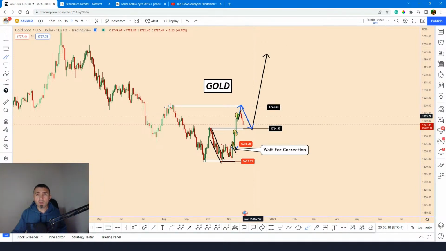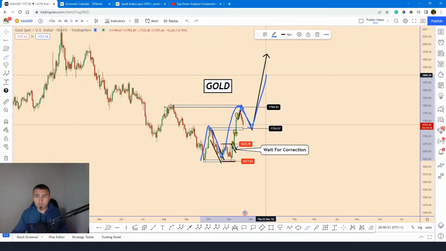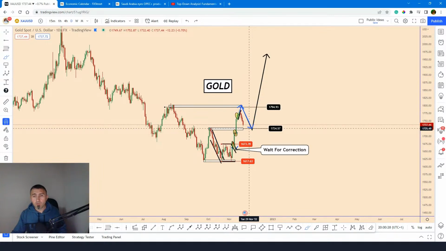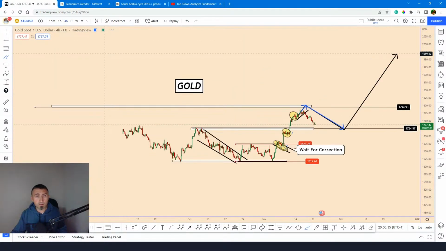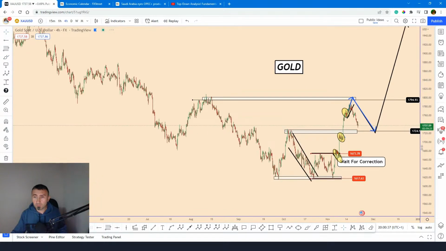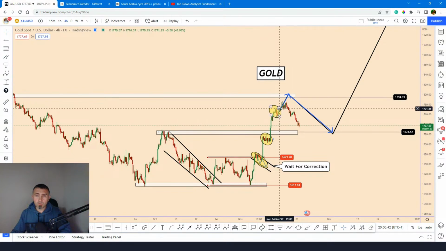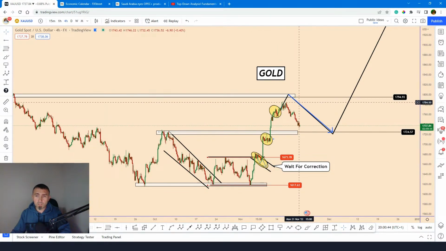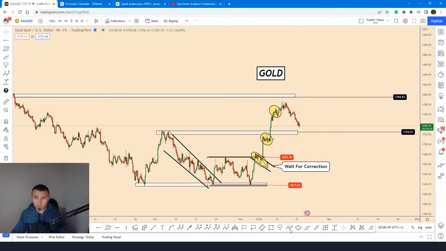So considering that we are in a bullish move right now, 1, 2, 3, 4, and the fifth wave may happen on the upper side, we may see that gold is actually close to a potential reversal zone. So that is why we have to be very, very careful, in my opinion, with gold. I would really suggest staying out of this trading right now. It is not a good idea at all because we can never know how the price will develop.